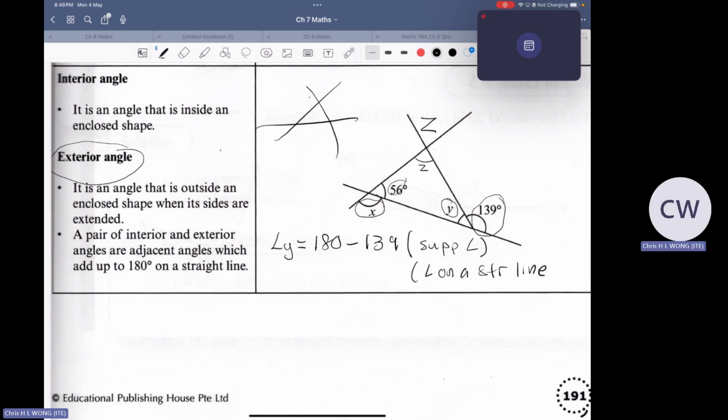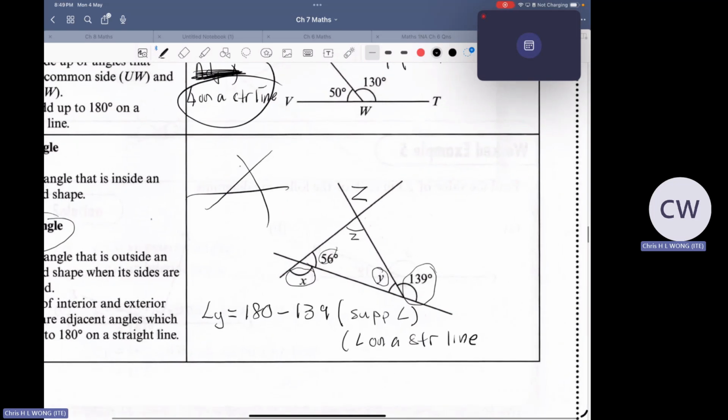Maybe you write it down. Angle z is equal to 139. Maybe I make it easier. 139 is equal to 56 plus z.